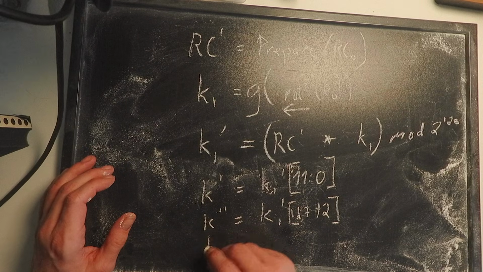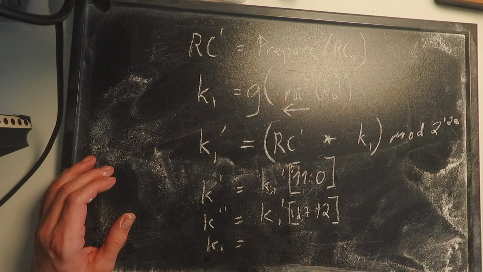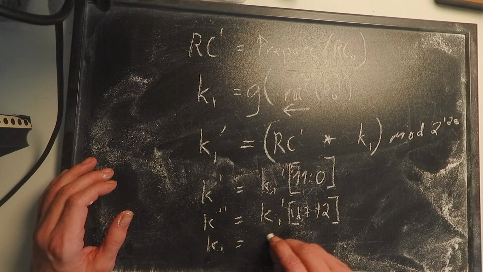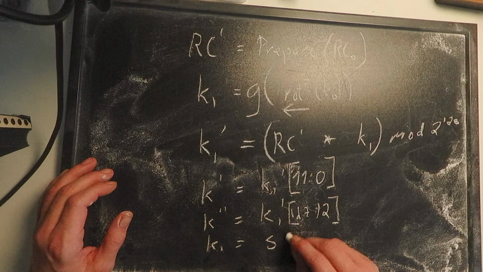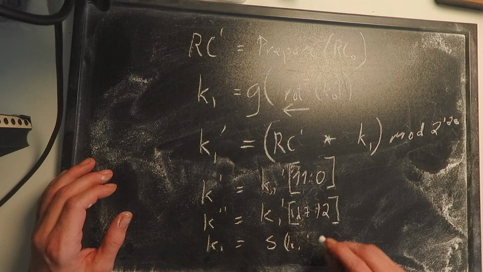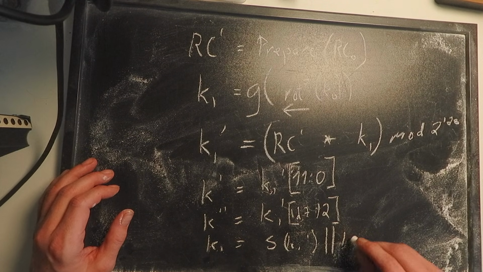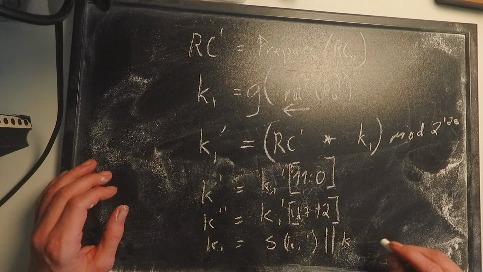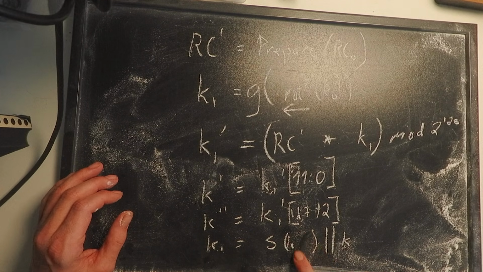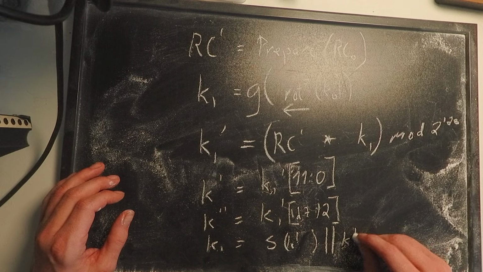And then we have k1, which is equal to the S box of k prime appended to k double prime.